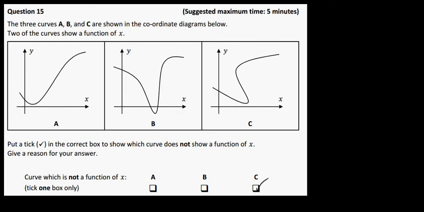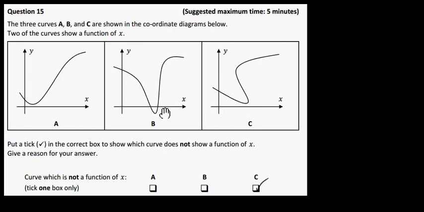So what's the reason for that? Well, what you need to really know is the definition of a function. And a function is where each input has only got one output.